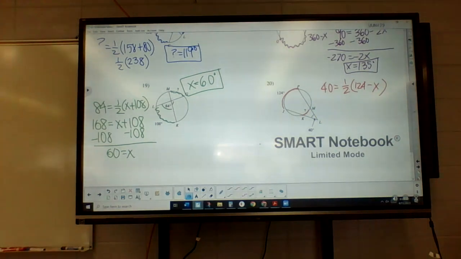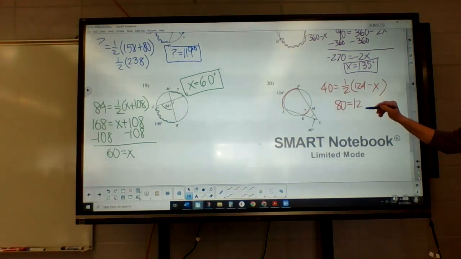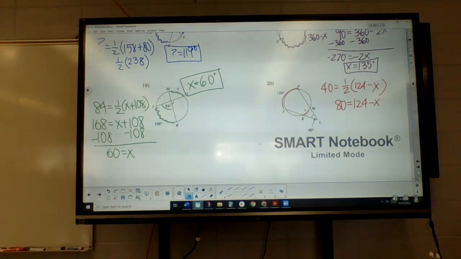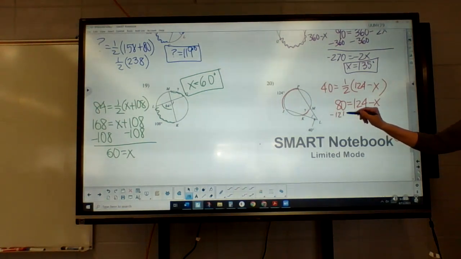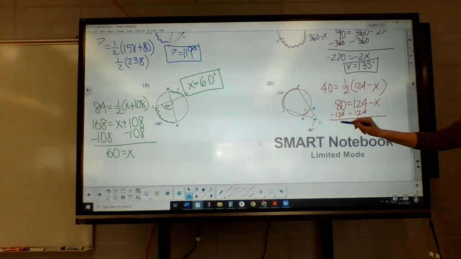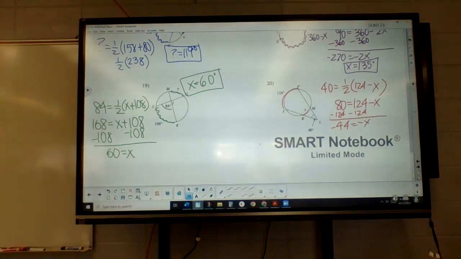I like getting rid of that half right away. I feel like a broken record saying that over again. So I double the other side. So x ends up being 44.